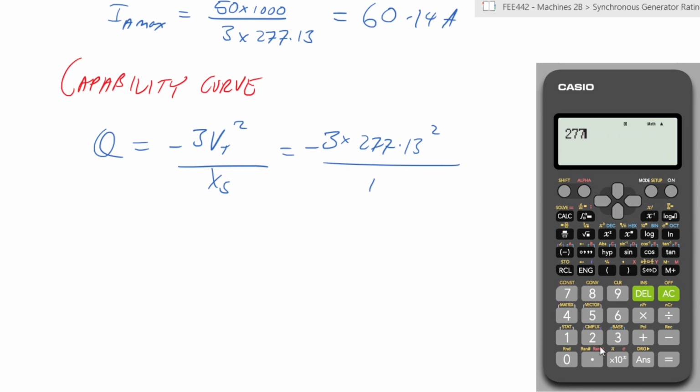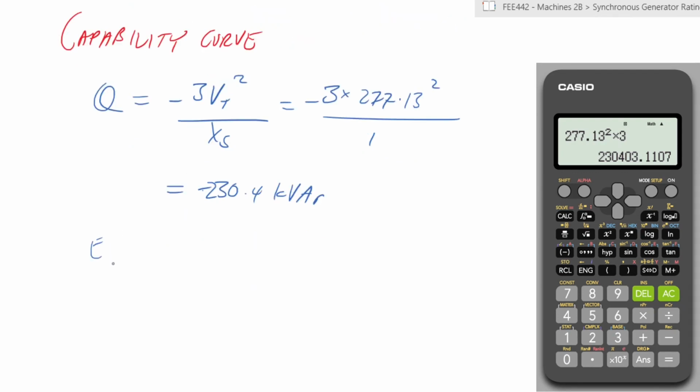So 277.13 squared times 3 is equal to negative 230.4 kVAR.